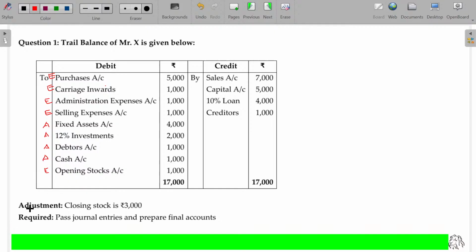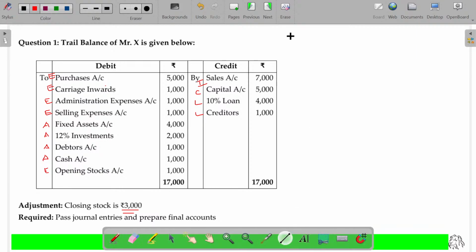Sales and income, capital, 10% loan and creditors are the liabilities. We have closing stock. Closing stock should be posted twice. That you know. Let me see how to work out this illustration easily.